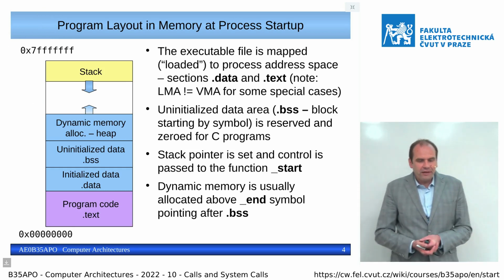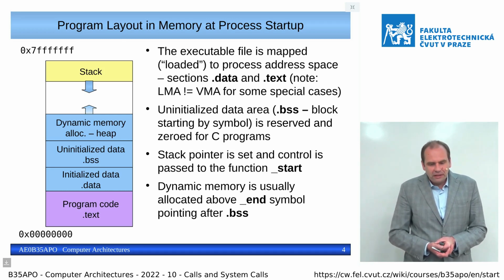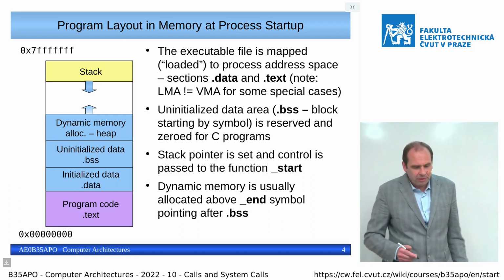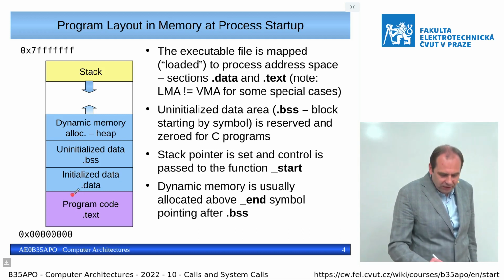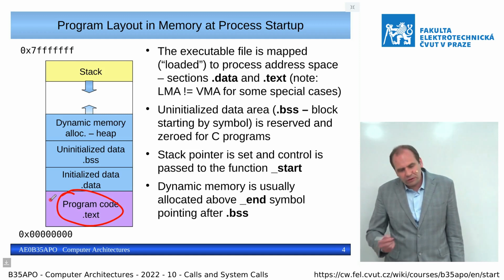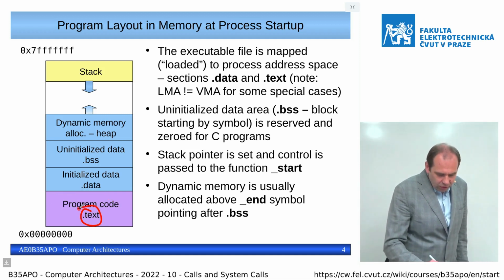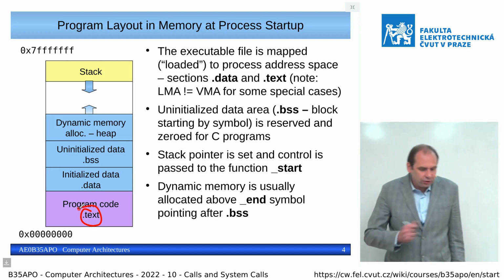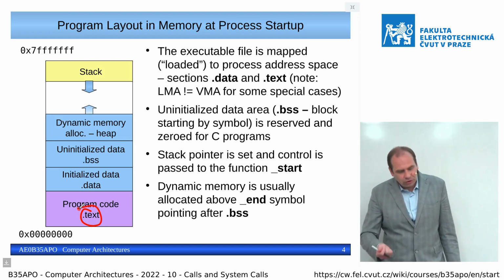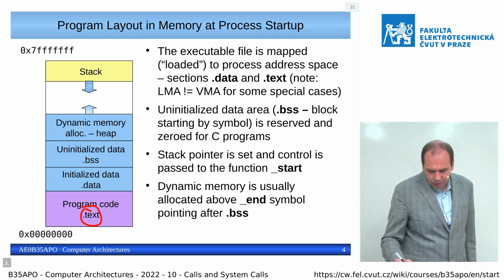But when you build a higher level language or environment, then you want to somehow organize your memory, and it is usually organized in such a way that we start with the program code, and for historical reasons, this program code is called the text section, the actual text of the recipe which should be interpreted by the processor, so it is the program.